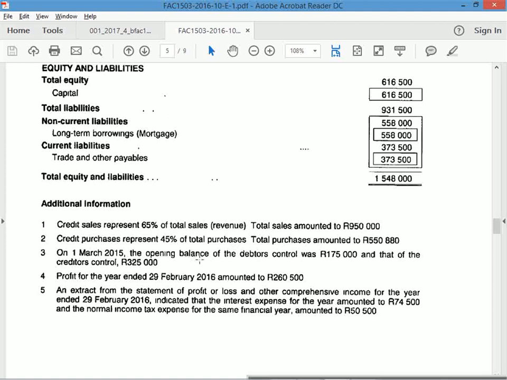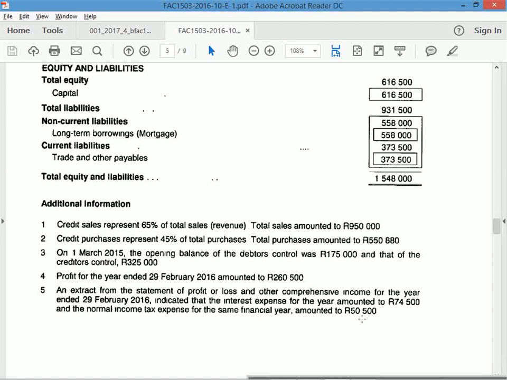On 1st March, the opening balance of debtors was that, and creditors was that. Profit for the year was 260,500. And then they tell you an extract from the statement of profit and loss and other comprehensive income indicated an interest expense of 74,500 and tax of 50,500.